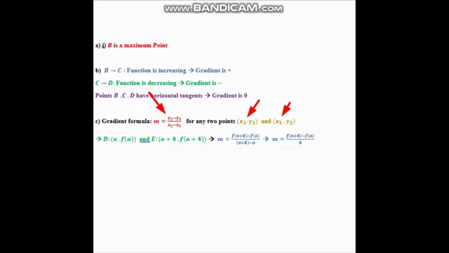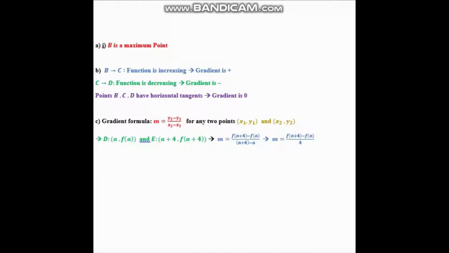The 2 points given in the question are A, f of A and A plus 4, and the y value when x is A plus 4 shall obviously be f of A plus 4. So there is my y value. These are my 2 points. Hence the slope shall be y2 minus y1 over x2 minus x1.